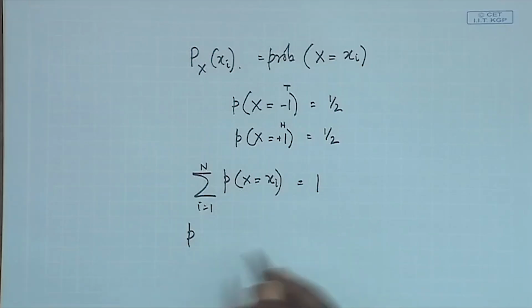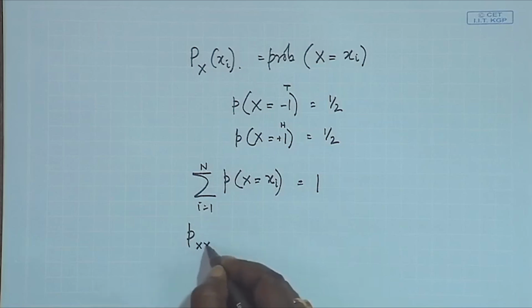Okay. We have also discussed the same representation for a joint event, where you have two random variables for two events. We have given one example of such a thing. If we have a joint event, we can represent it as x and y.